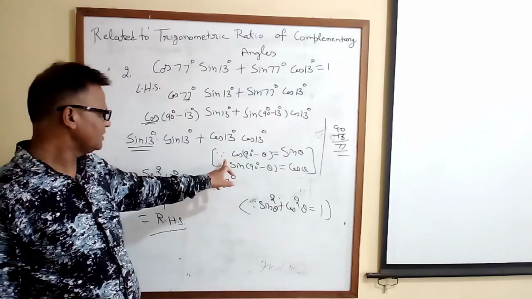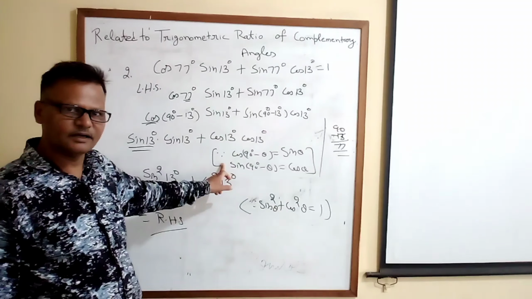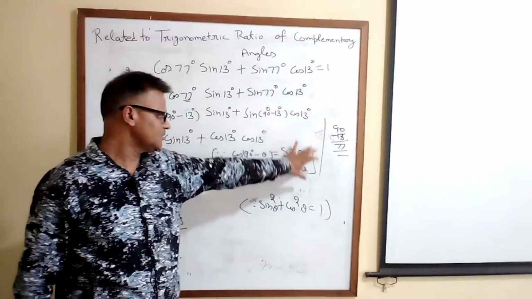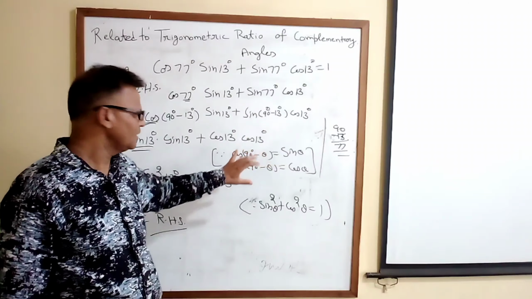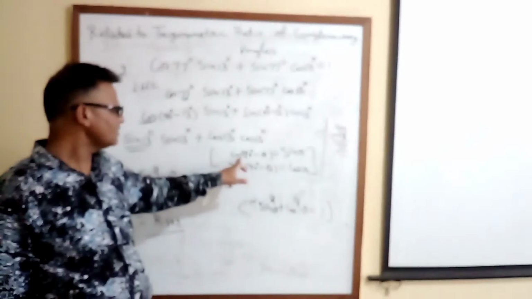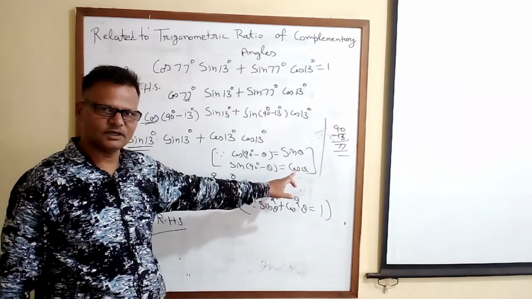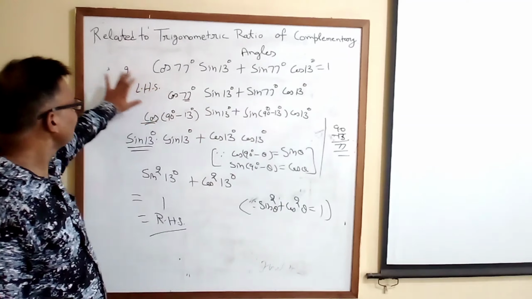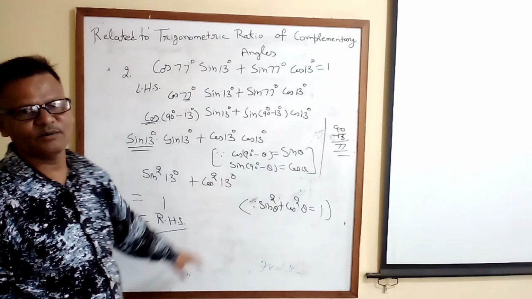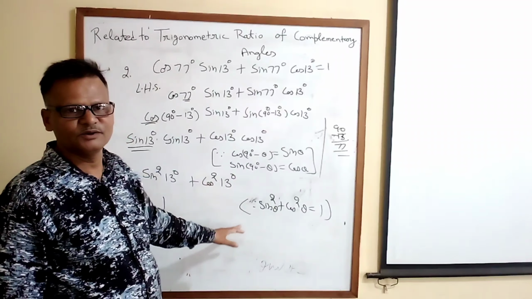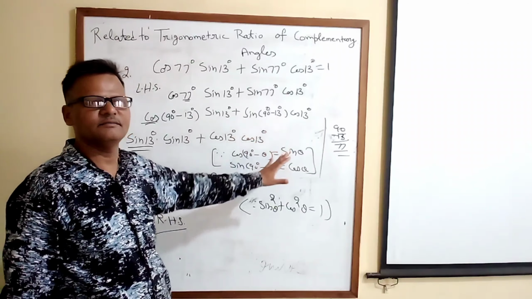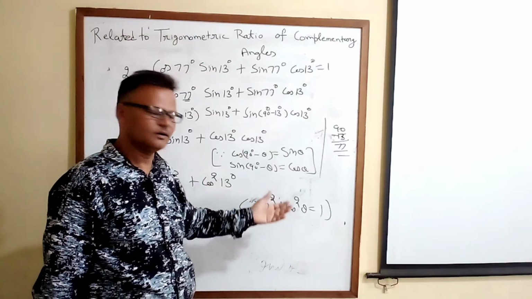We have to mention it in a bracket, somewhere in the side, because cos 90 degree minus theta is sin theta and sin 90 minus theta is equal to cos theta. What I mean to say is, whatever formula is used in the sum, you have to write it somewhere in the corner or on the side.